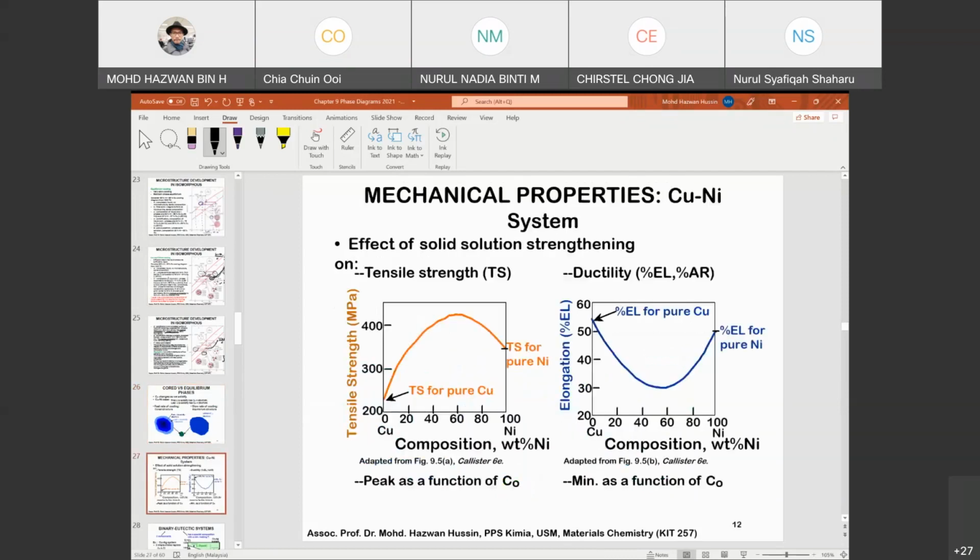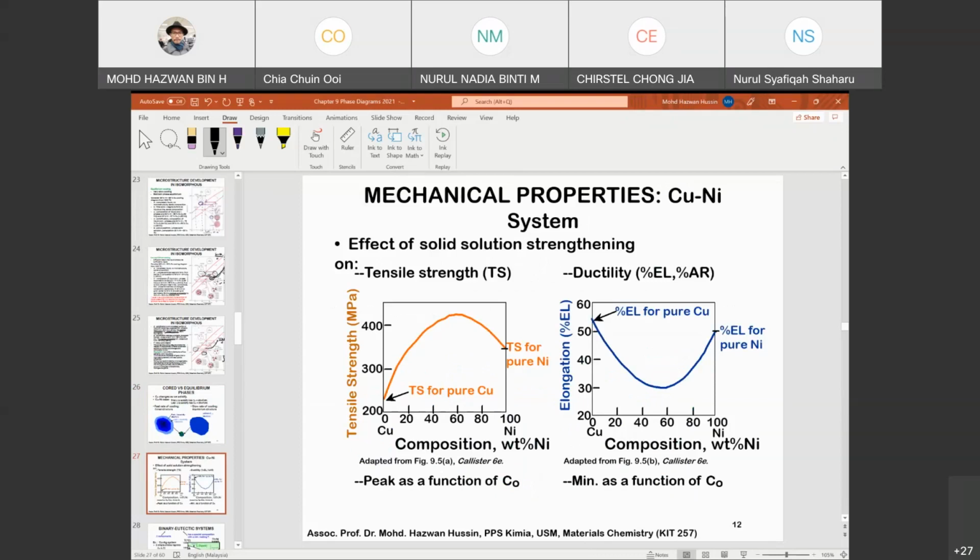All right. And in terms of mechanical properties, as you produce different types of alloy with different composition, or different amounts of nickel or other elements, you will see that it reflects on the mechanical strength of the alloy produced.